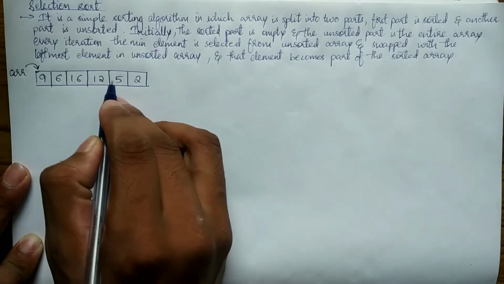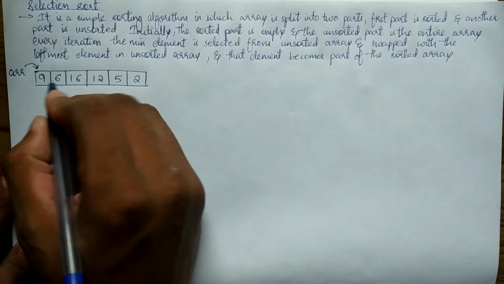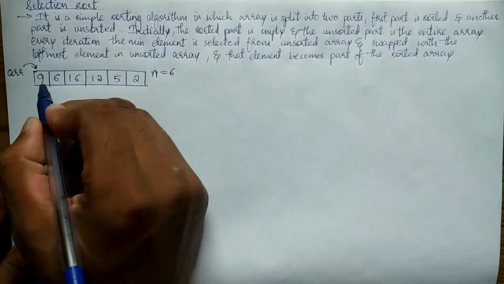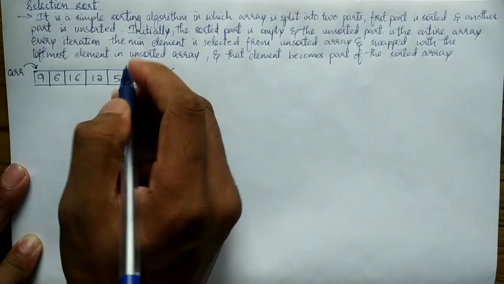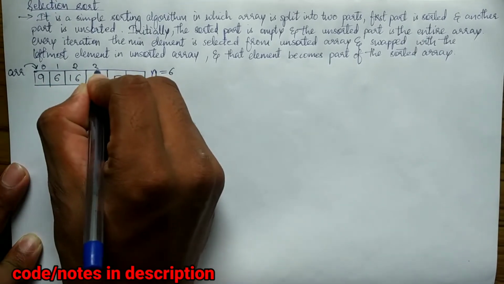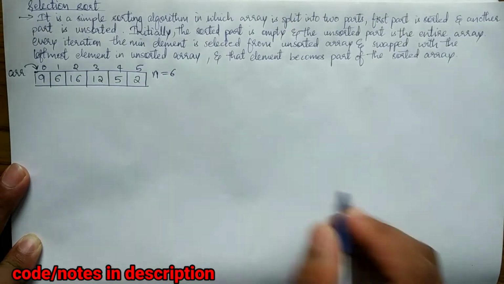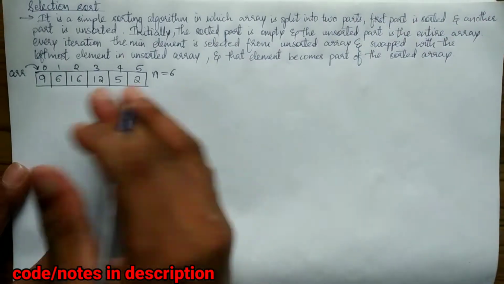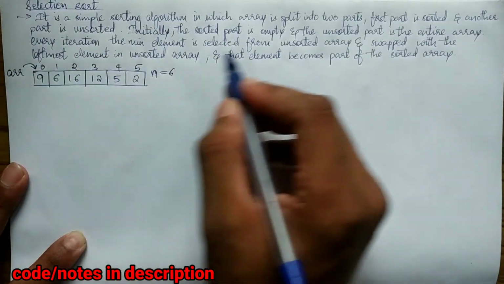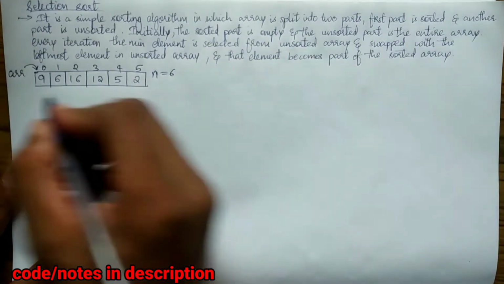This is our example array consisting of n is equal to 6 elements 1 2 3 4 5 6. Let's take the zero based indexing 0 1 2 3 4 and 5. In this array, first we'll divide it into sorted and unsorted part.